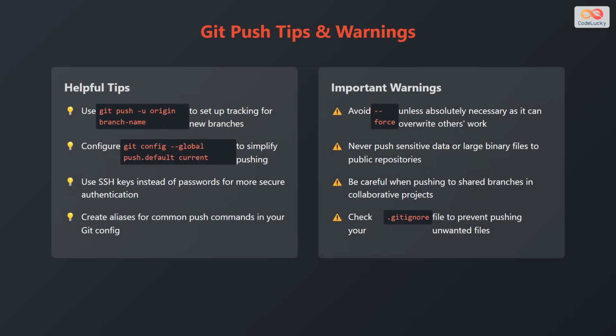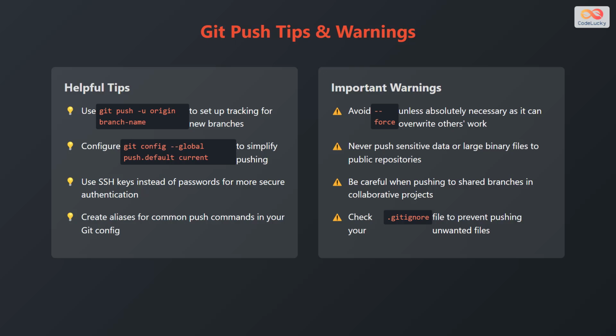Here are some helpful tips and important warnings for using Git Push. Some helpful tips are: use git push -u origin branch-name to set up tracking for new branches. Configure git config --global push.default current to simplify pushing. Use SSH keys instead of passwords for more secure authentication. Create aliases for common push commands in your Git configuration to save time.